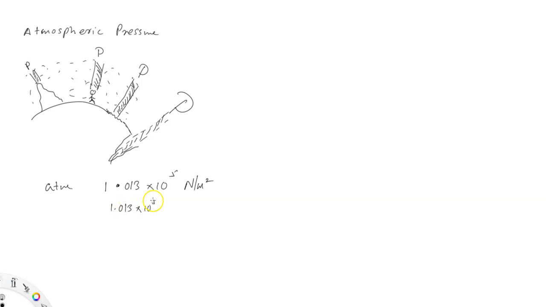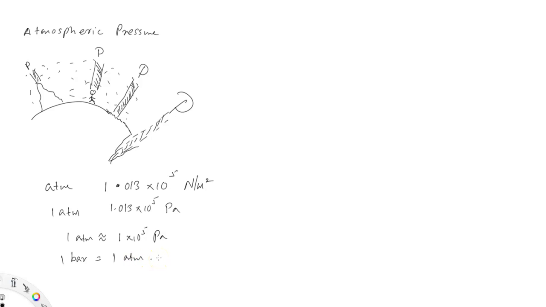This is called 1 atmospheric pressure unit, this many pascals. Sometimes we round it: 1 atm is roughly equal to 1 times 10 to the 5 Pa. Also in atmospheric sciences, we call this the bar unit. 1 bar is 1 atm.